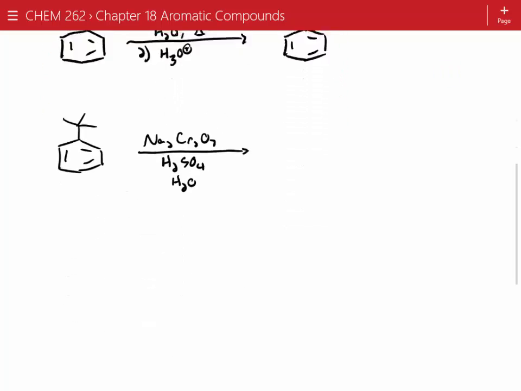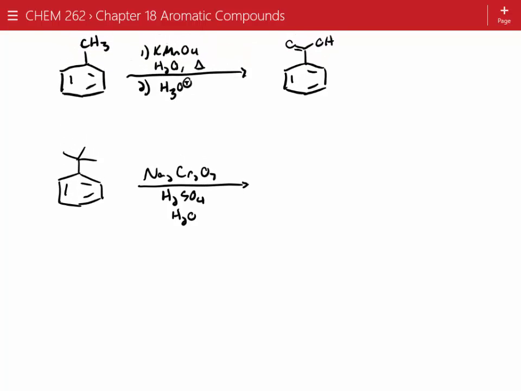What will our product be? Won't happen, right? So if we look back in our alcohol notes, could we oxidize a tertiary alcohol? No, it's impossible, right? So same thing is true with benzylic positions. There is no reaction. Just like you can't have a reaction at a tertiary alcohol, this is a tertiary carbon, or quaternary carbon, I guess, and you can't oxidize it. It's just simply not possible.